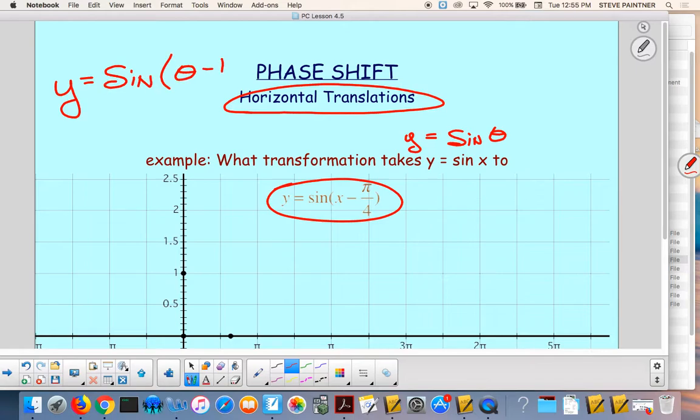Sine of theta minus pi over 4. What's going on here, guys? You're going to horizontally shift it to the right. How far? Pi over 4. There you go. Go do that one. Get the parent down first, then shift it.